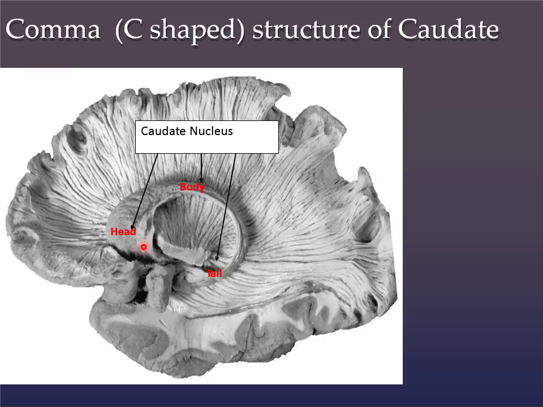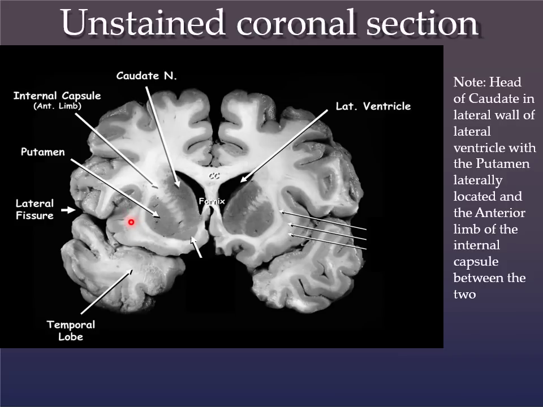Here we see that C-shaped structure in a dissected model where we see the head, body, and tail of the caudate nucleus. In an unstained coronal section, now we see that the caudate nucleus bulges into the lateral ventricle, and we see also the putamen, and between the putamen and the caudate nucleus, we see the anterior limb of the internal capsule.